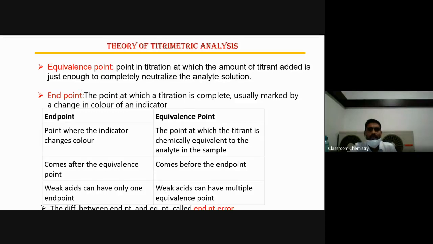Then we see what is the equivalence point and what is the end point. The equivalence point is the point in a titration at which the amount of titrant added is just enough to completely neutralize the analyte. Just enough. Go to a flashback of SYBSC.